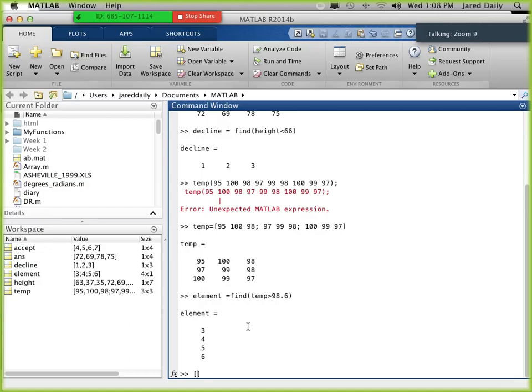On the next page, they're calling it patient and station. So I might just call it patient and station here. So in other words, the row being the patient and the column being the station is going to be equal to find now, and we're going to find the same thing, temp greater than 98.6.